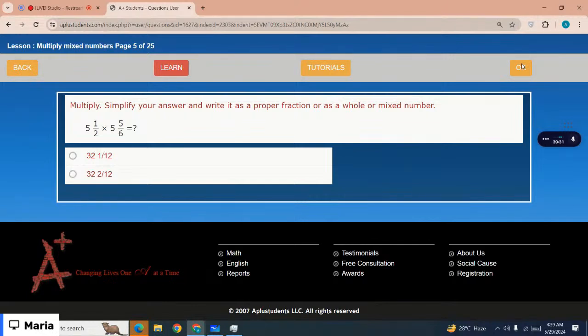The next one is 5 whole 1 by 2 times 5 whole 5 by 6. So which is the correct option?